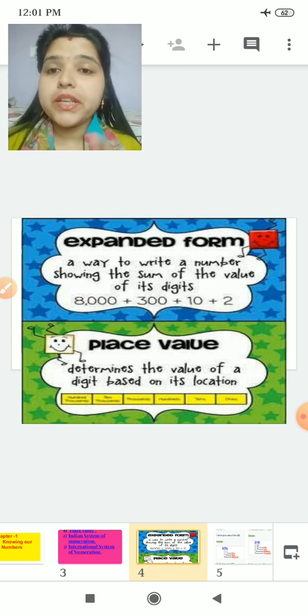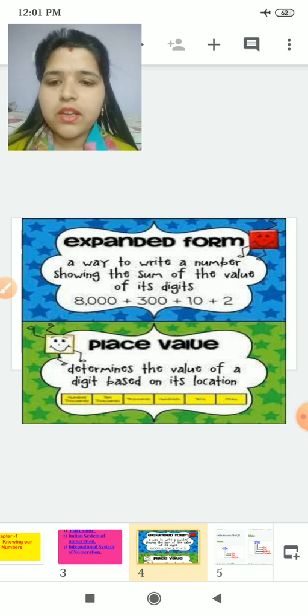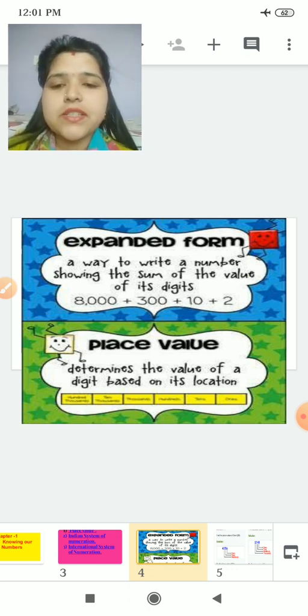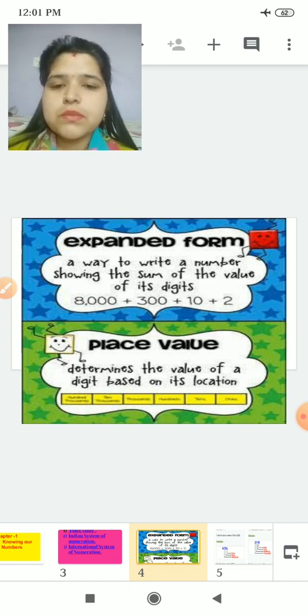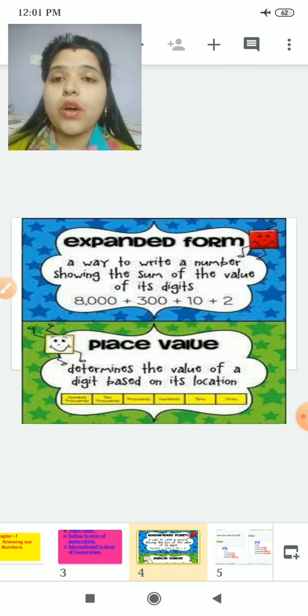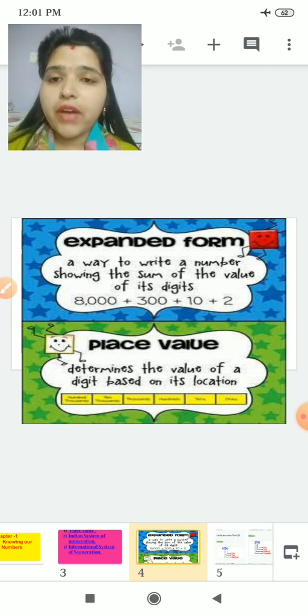See class, the first question is: find the place value of 3 in 4356. See what is given? 4, 3, 5, 6. See class, this is ones.